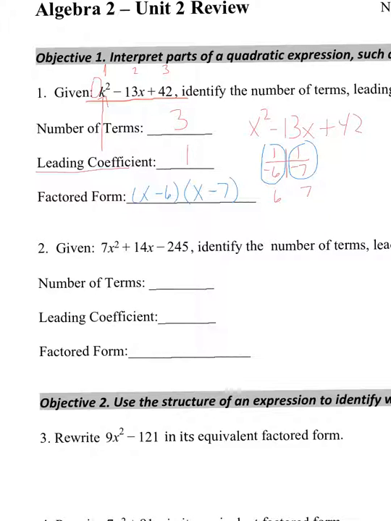Okay. Going to number 2, we also have 3 terms. We have a leading coefficient that is 7. And now as we go into factored form, I know 7 is only going to be made up of a 1 and a 7. Now, 245, that's kind of big.